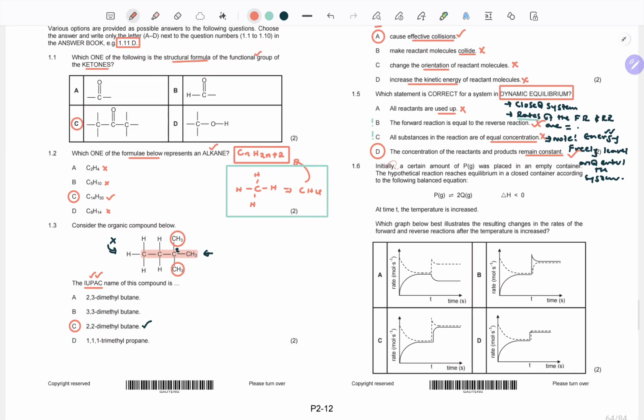All right, so initially for 1.6, a certain amount of gas P was placed in an empty container. The hypothetical reaction reaches equilibrium in a closed container according to the following balanced equation. So 1 mole of gas P somewhat transforms to 2 moles of gas Q. We can easily say gas P is an unstable gas.